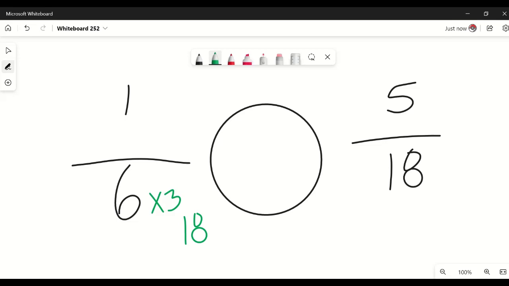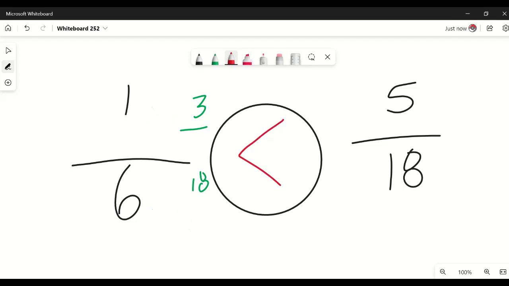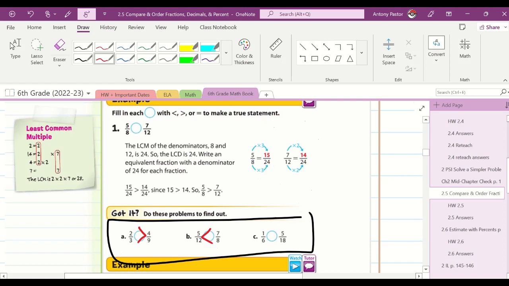If one fraction's denominator can become the other fraction's denominator, just change the one. I do need to multiply this by 3, which will make this now 3/18. And 5/18 is clearly bigger than 3/18. Therefore, going back to our original problem, 1/6 is less than 5/18.